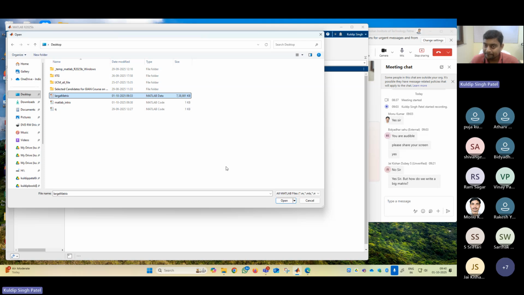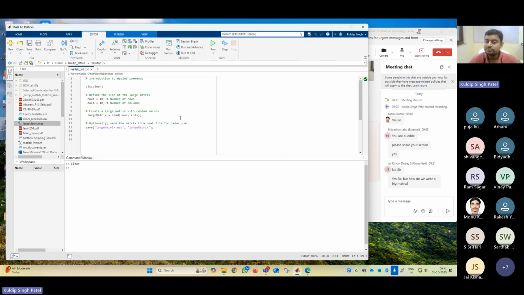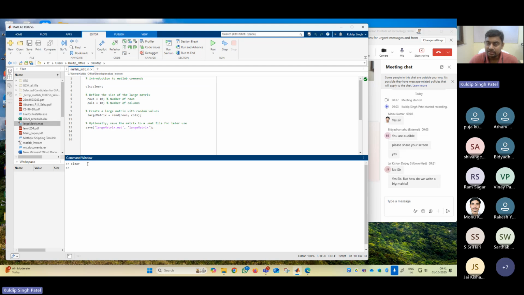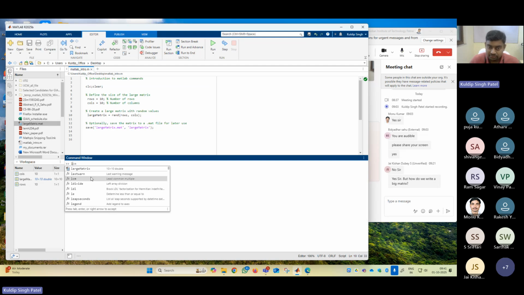That means MATLAB needs this much space to store the 10,000 by 10,000 matrix. I hope I'm clear. So I want to utilize the previous version. I simply opened this MATLAB intro and clicked on open, and now it came. Then we can simply run it and again get the large matrix. So what is that variable?